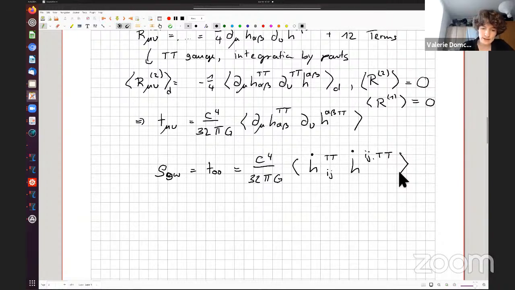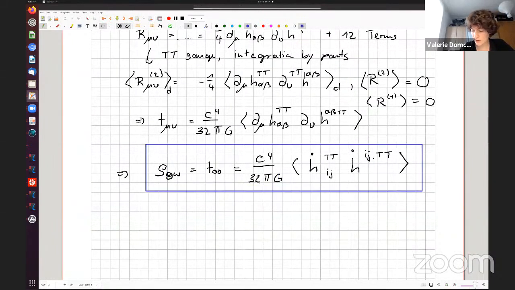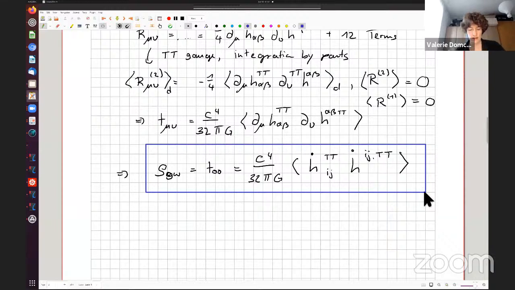And that is, in the end, my energy density of gravitational waves. That is the thing which essentially enters, right? This is essentially the stochastic background that we would be looking for. So this is the energy density of gravitational waves.